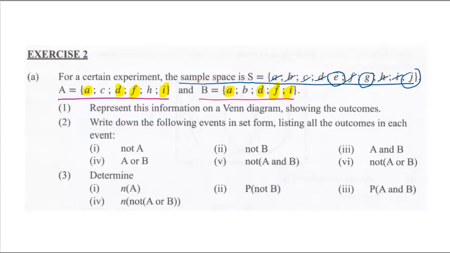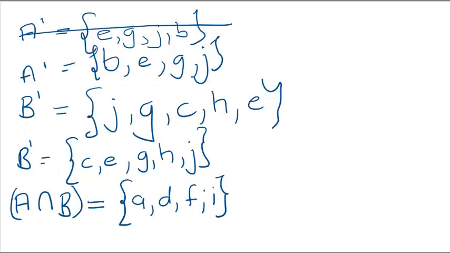So if the line for A is A, C, D, F, H, I, and the line for B is A, B, D, F, I, the only thing I'm going to do is eliminate stuff that I would normally repeat.